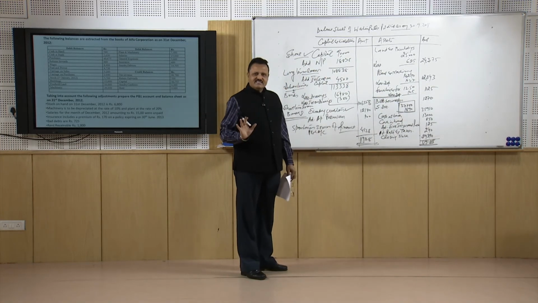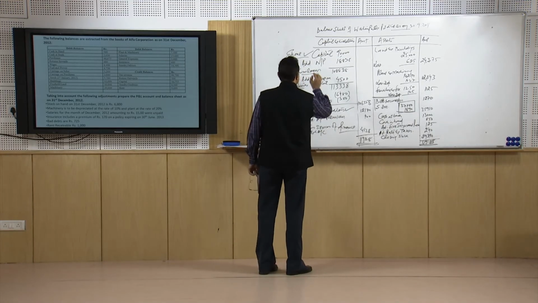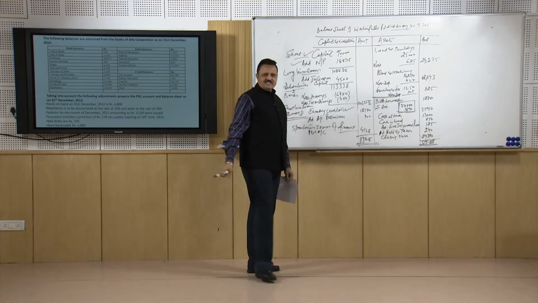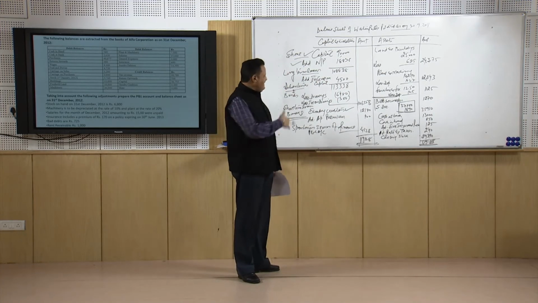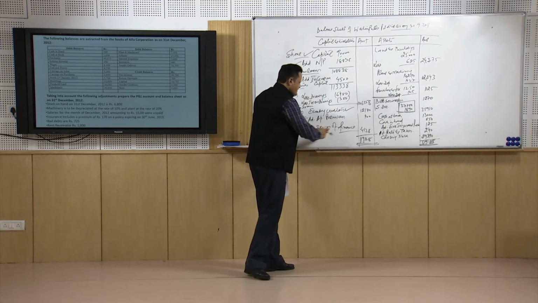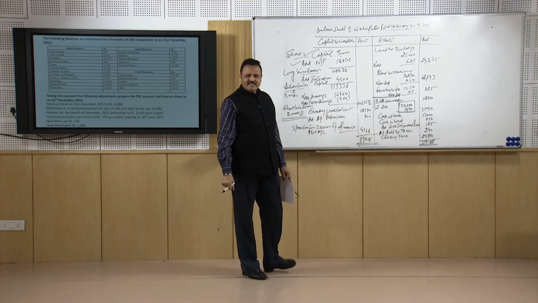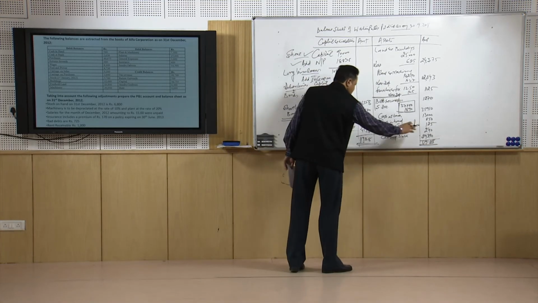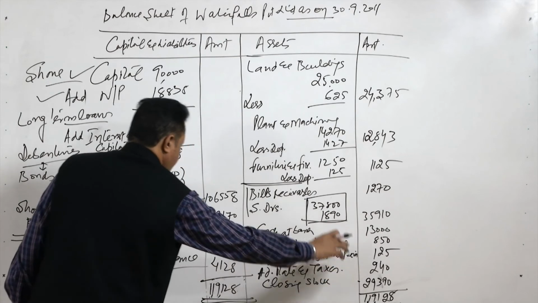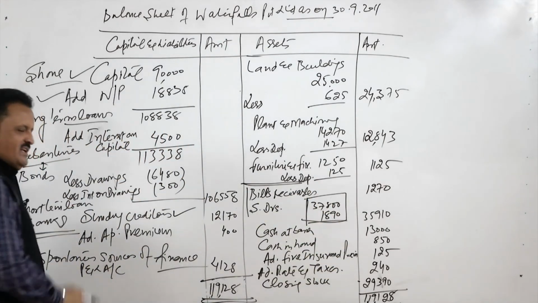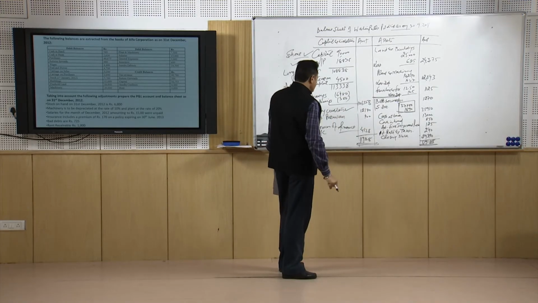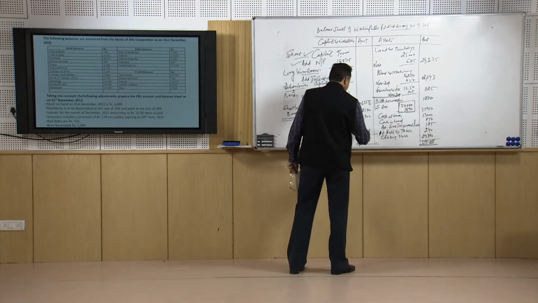Now everybody understands that we have two kinds of profit. One is the net profit, which has come from the profit and loss account and has been added to the capital, and we have put another account here, profit and loss account. It means this profit and loss account is the excess of assets over the liabilities, and we are showing it here. So the balance sheet is again balanced, but this amount is extra.